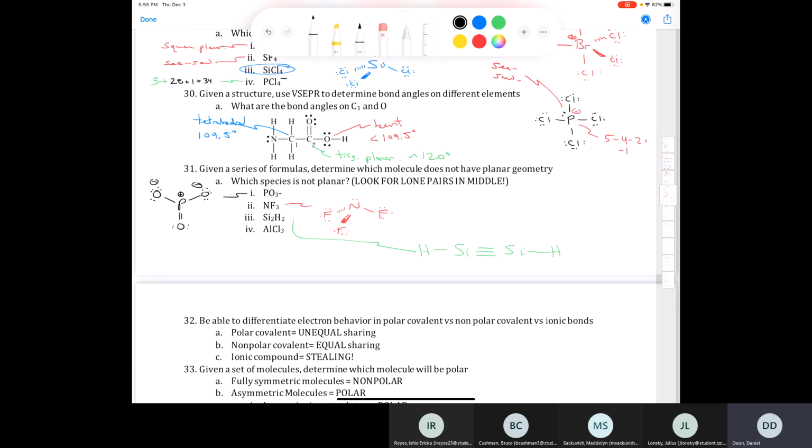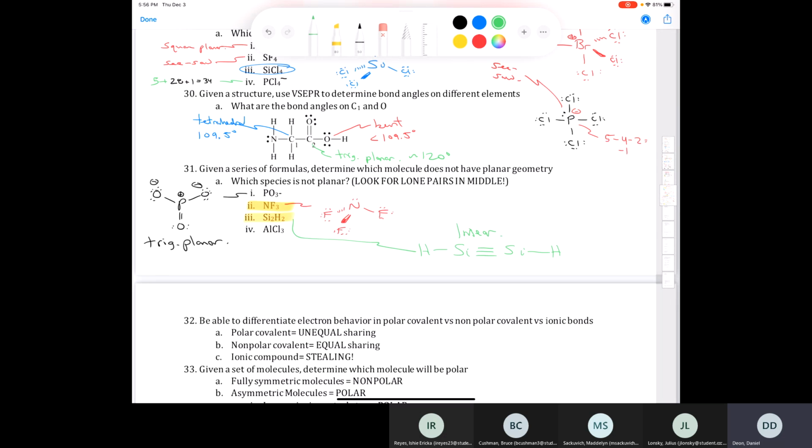Like the first one that I drew, this is trigonal planar. Trigonal planar. So I mean, that's a good answer. Oh, it does not have planar geometry. And then nitrogen trifluoride is trigonal pyramidal, so that's not planar. I'd say this is also a legitimate answer too, because that's linear, right? So we'll put linear on here.